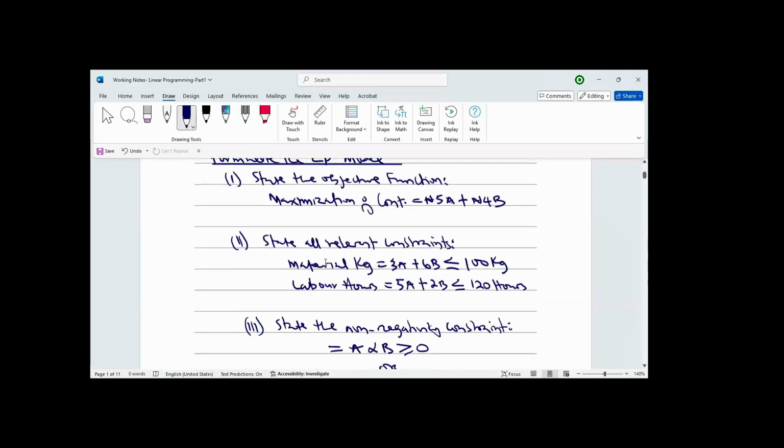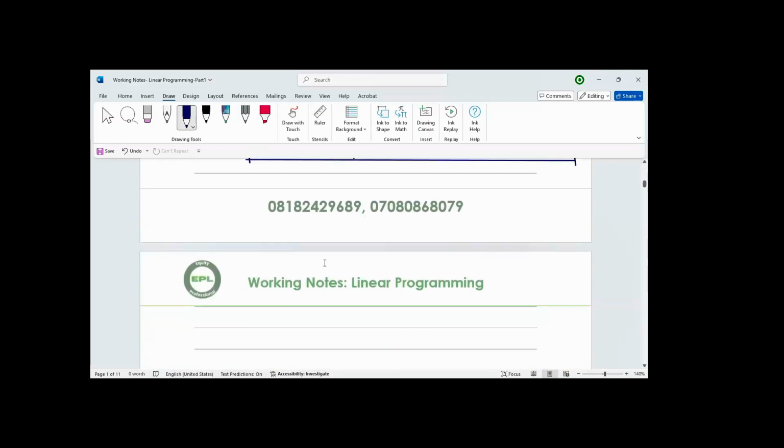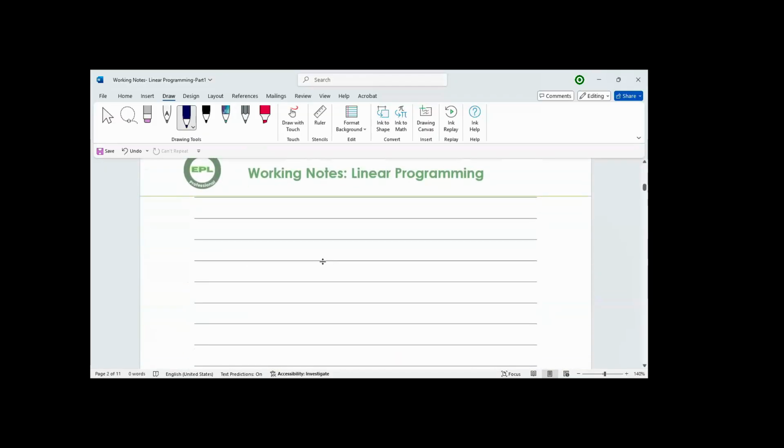The next step, step 3, is to bring out the equations in step 2 and solve using the elimination method.